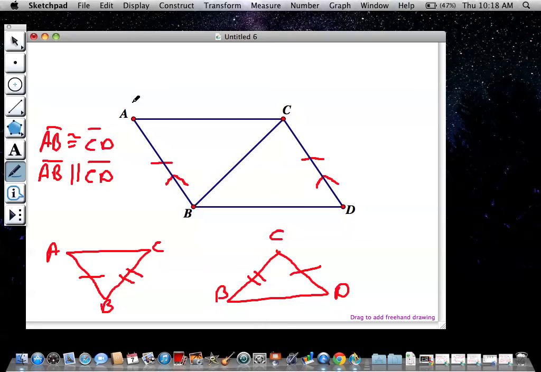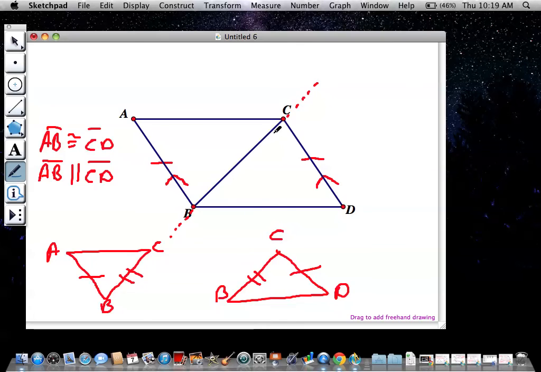Parallel, parallel. If I look here, CB looks like a transversal, so I'm just going to extend it out. Let's look at some angles.